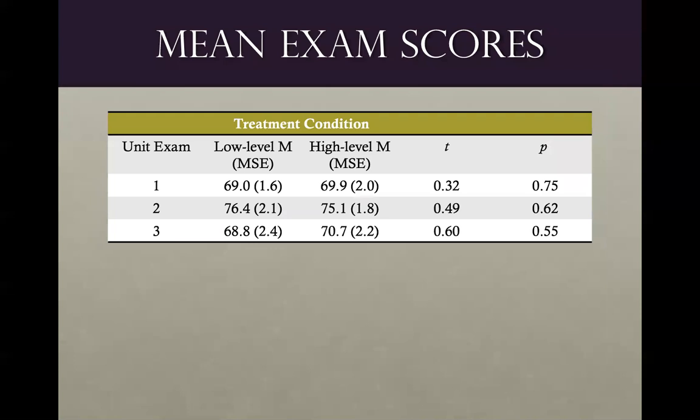Okay, so lest you think that maybe the low-level section was just way too easy, so they weren't getting their preparation, these are the unit exam averages on low level and high level. So we made them quite extensive and rather long. And so we ended up with pretty equal scores. And statistically, they are equal scores between sections on the actual unit exam.